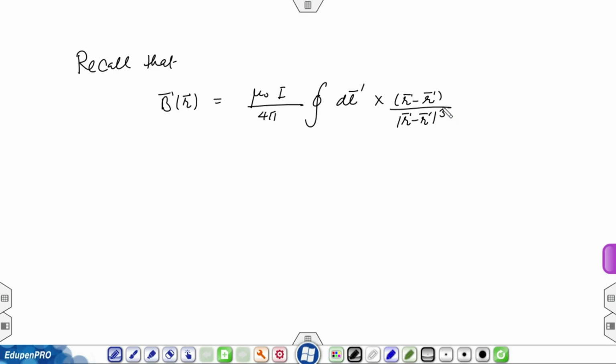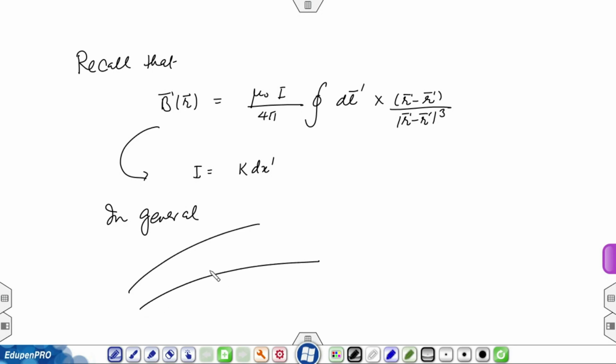I gave you a hint there in solving one of the problems, example 2, where I said that I can be written as K dx prime. In general, we can write current inflowing in some region as, suppose there is a thick wire.